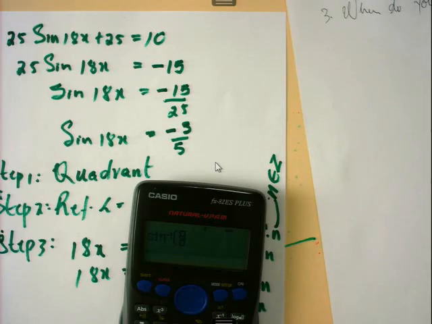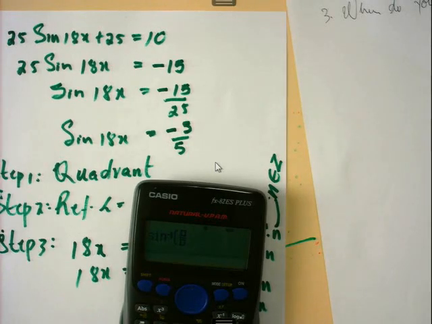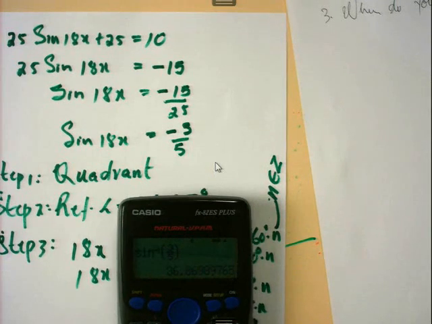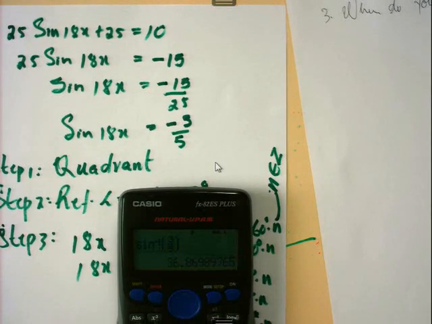But if you don't have the fraction, no problem, you can just say 3 divided by 5 directly. So I'll say 3 divided by 5, move the cursor to the right, close the bracket, and I'm getting 36,869, which I decided to round off to 2 decimal places as 36,87.